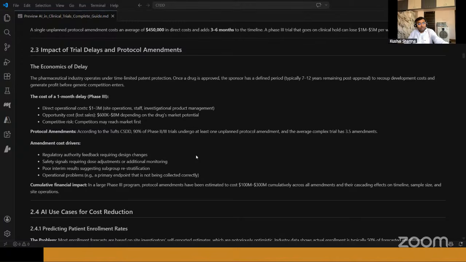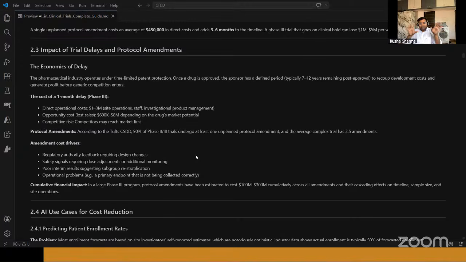Then amendment cost drivers are regulatory authorities' feedback requiring design changes, safety signals requiring dose adjustments or additional monitoring, poor interim results suggesting subgroup restratification, and operational problems. Example, a primary endpoint that is not being collected correctly.